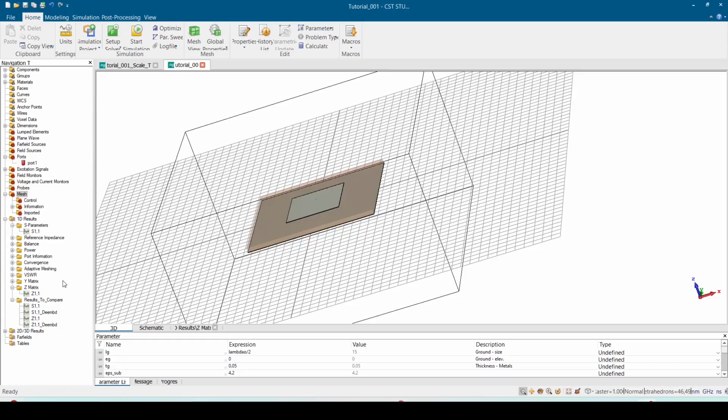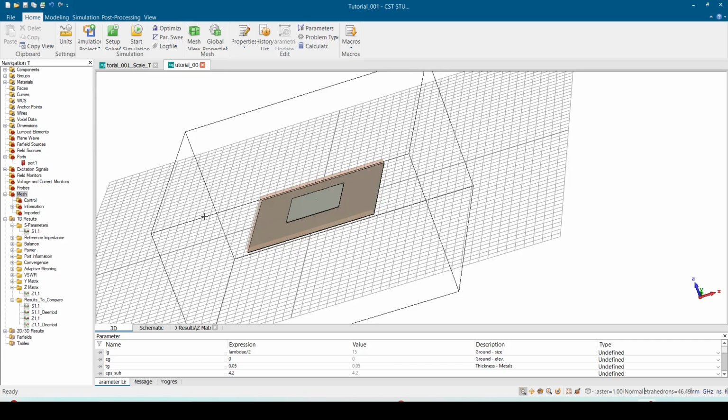Hello everyone. In this video I will actually answer a question: if you have an antenna radiating at some frequency, and you would like to scale it up to another frequency, for example if you implemented an antenna from a paper and then wanted to adjust it back to your frequency range.